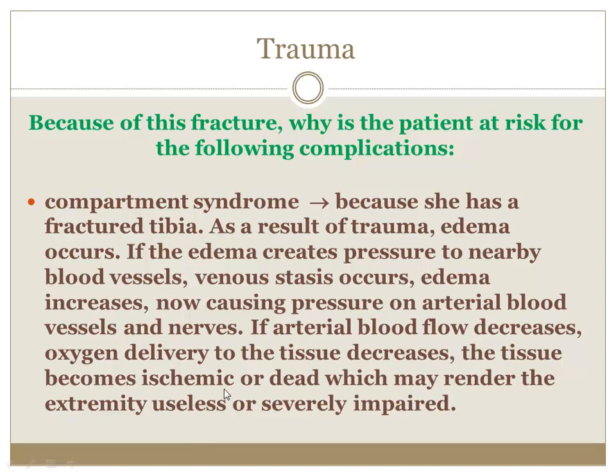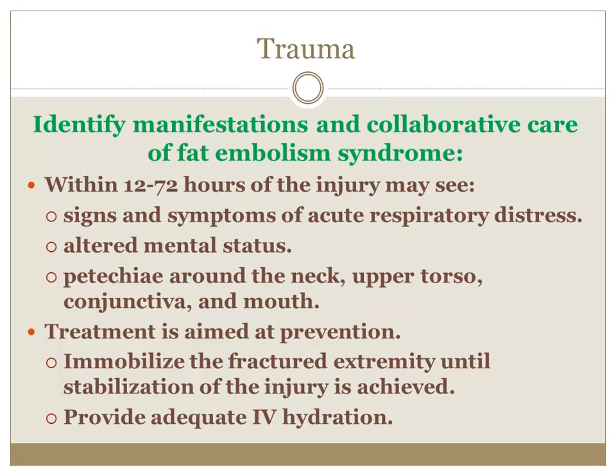Ischemic tissue becomes edematous because ATP is not made, so your tissue becomes edematous just from the ischemia, and of course that can ultimately lead to tissue death, which may render the extremity useless or severely impaired, especially if the nerve or blood flow to the nerve is compromised.